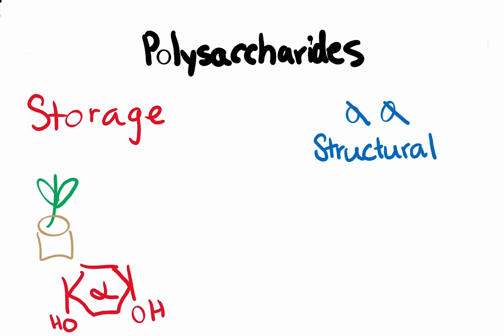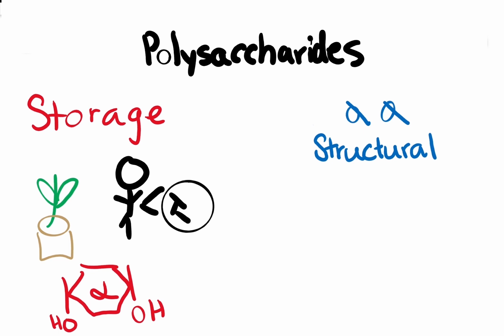In animals, the storage polysaccharide is glycogen. So starch is straight, and in animals like humans, it's branched. And so you get this branched structure. And so these are the 2 storage polysaccharides that are largely found.